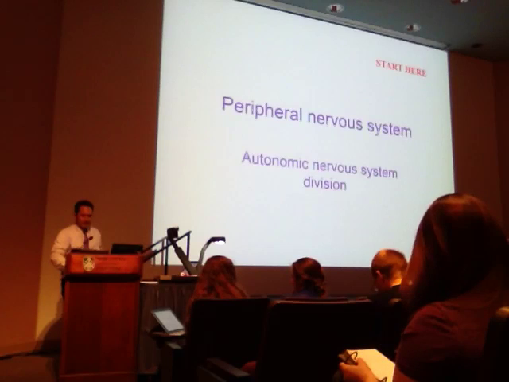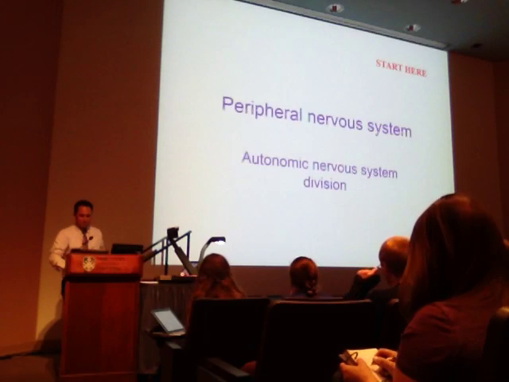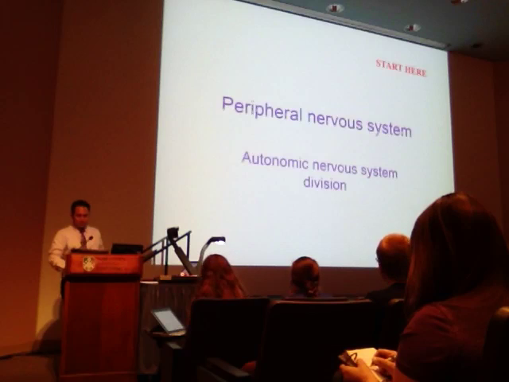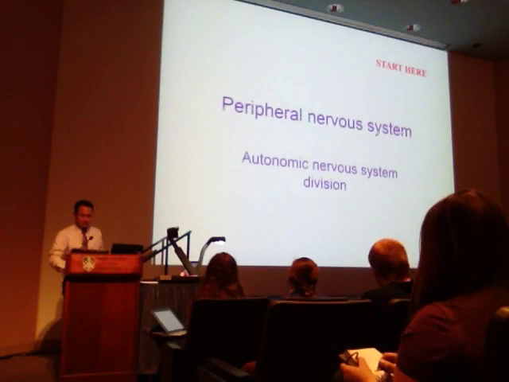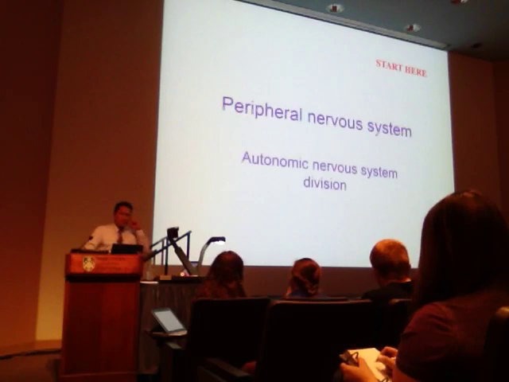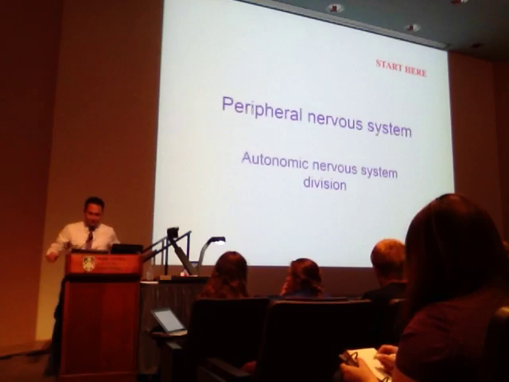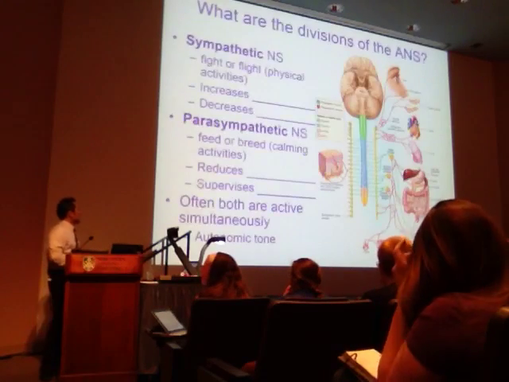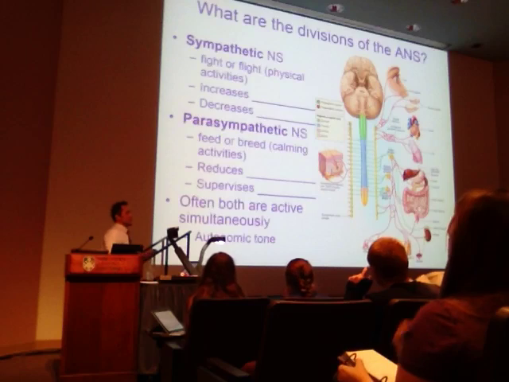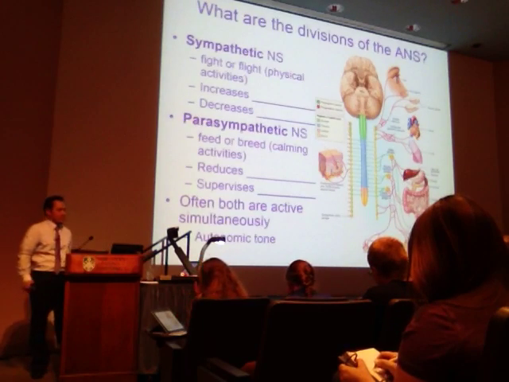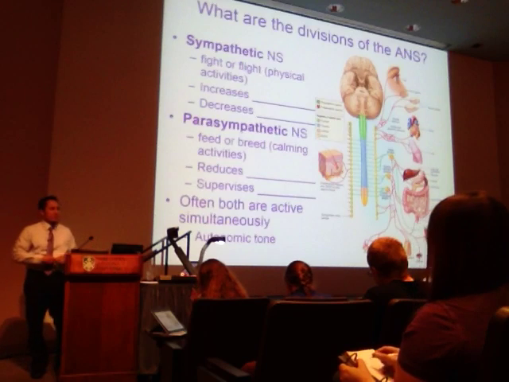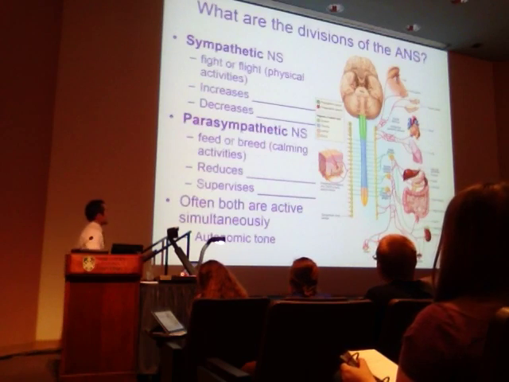So this is where we're picking up. We're going to be looking at the division of the autonomic nervous system. When we take a peek at this, we can see that it's divided up into two major categories, the sympathetic and the parasympathetic branches.